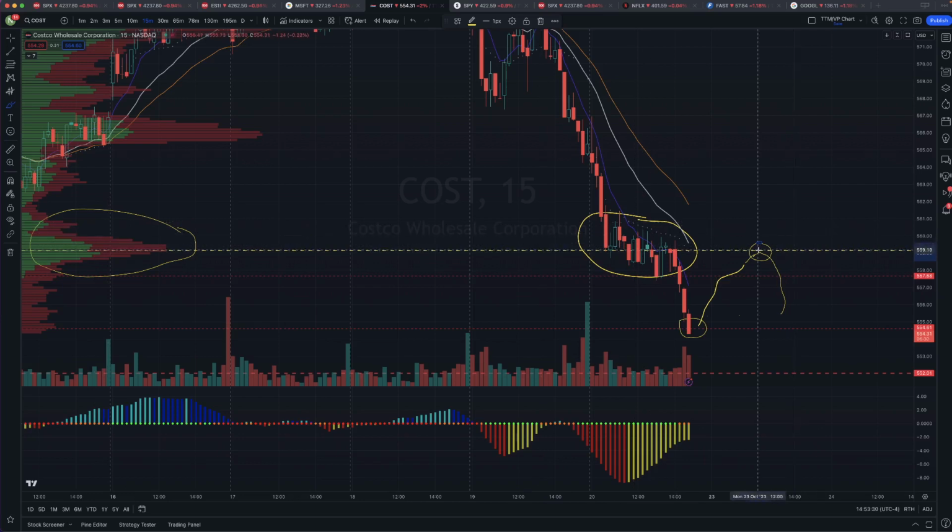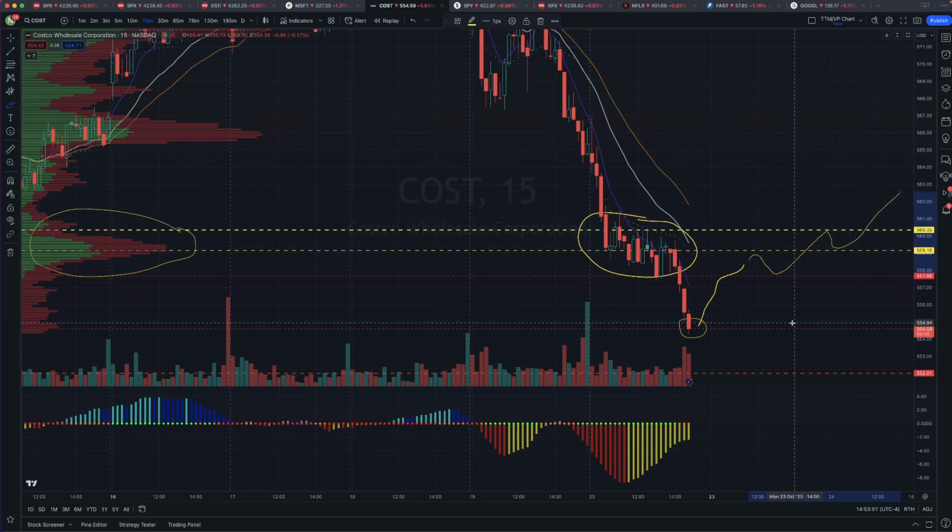Just like if that then went, it's obviously going to reject off of there. It comes down into the value area low, which we've marked on our chart, and pushes up above to the value area high. Then it's going to retest. And if it's going to keep going, it's going to do that, right? And that's kind of your value area high level.